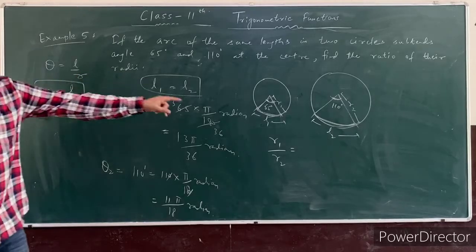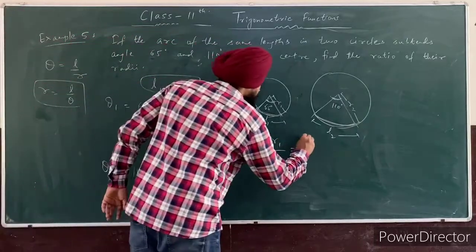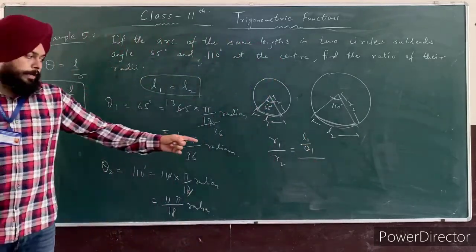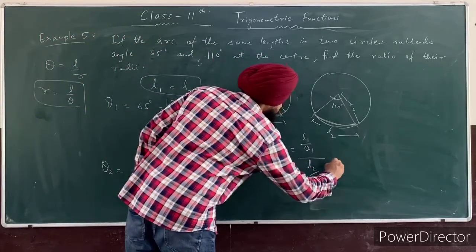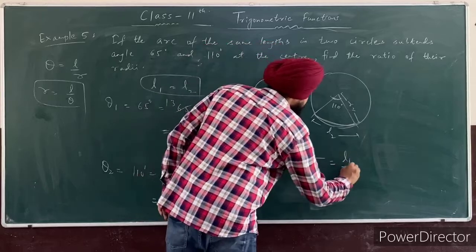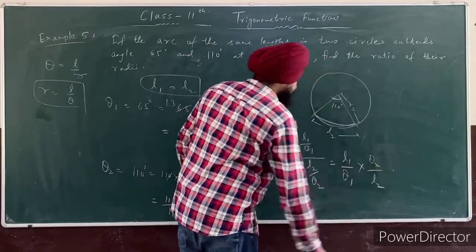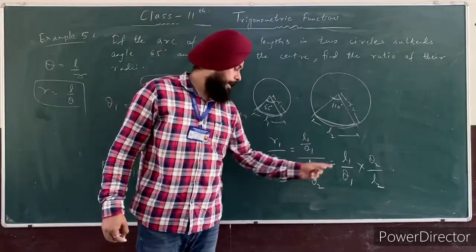So what is the value of R1? R1 is L1 by theta 1. And the value of R2 is L2 by theta 2. Now L1 by theta 1 multiplied by theta 2 by L2. You have to do the reciprocal. Clear? So when you take the reciprocal it is theta 2 by L2.